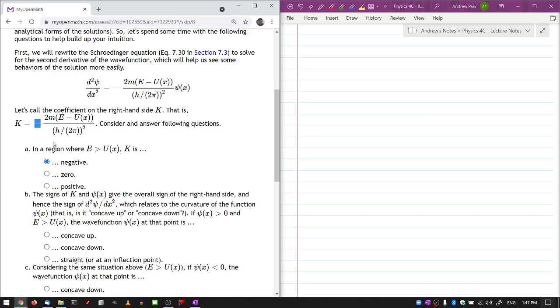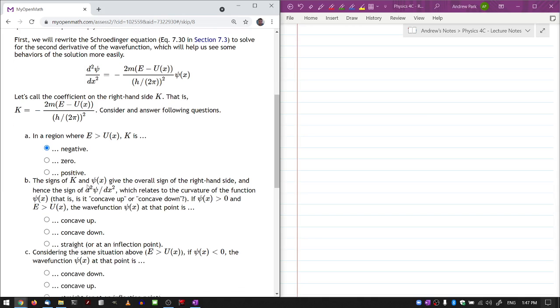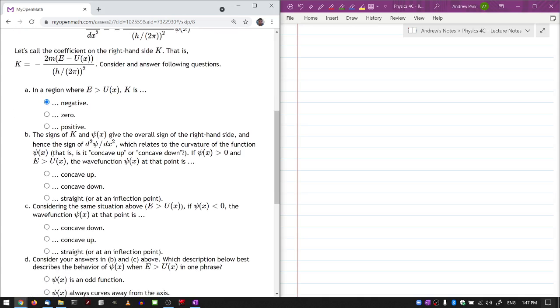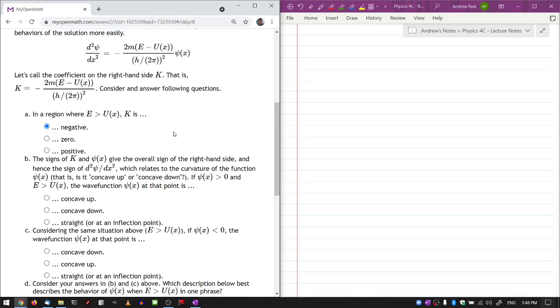So the whole thing is negative. The signs of k and psi of x give the overall sign of the right hand side, and hence the sign of the second derivative, which relates to the curvature of the function. Is it concave up or concave down?